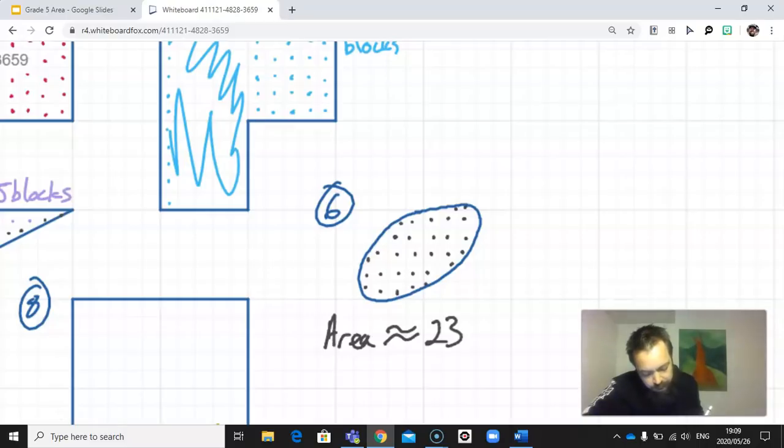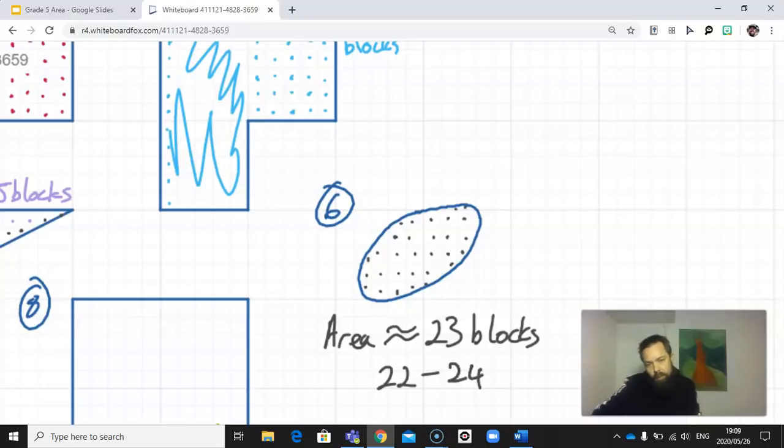So I would say roughly 23 blocks. And your teacher would probably say you were right if you got anywhere between 22 and 24. So she would mark you right if you were anywhere between those two.